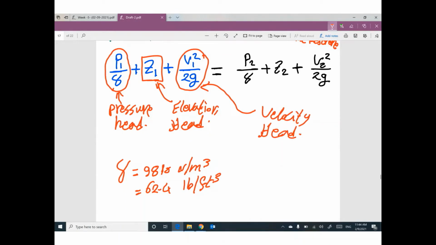Guys, make sure you understand this point. V1 can be called velocity, but V1 squared divided by 2G, the whole term, is called velocity head. We have pressure head plus elevation head plus velocity head at section number 1 must equal pressure head plus elevation head plus velocity head at section number 2.